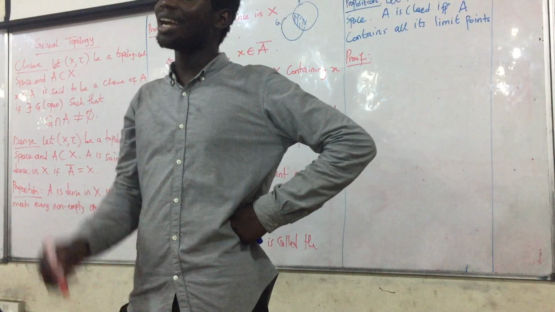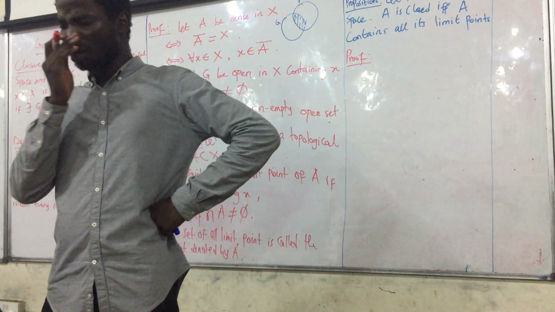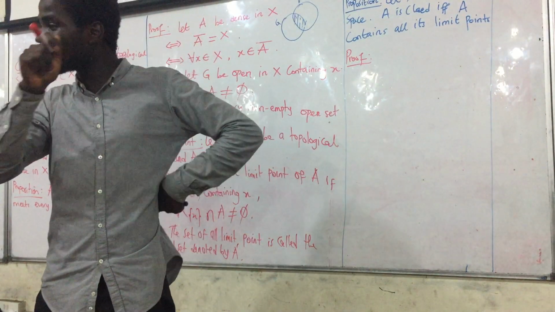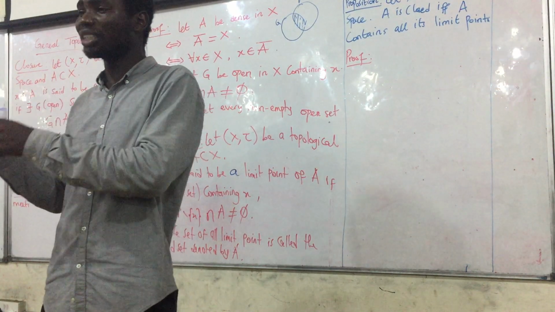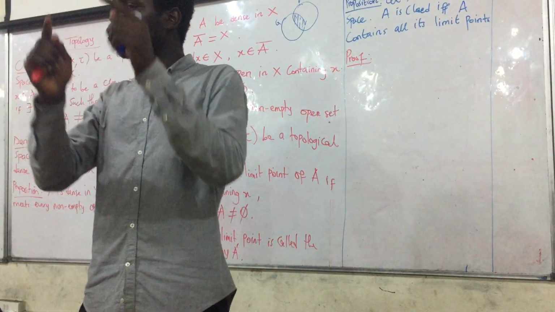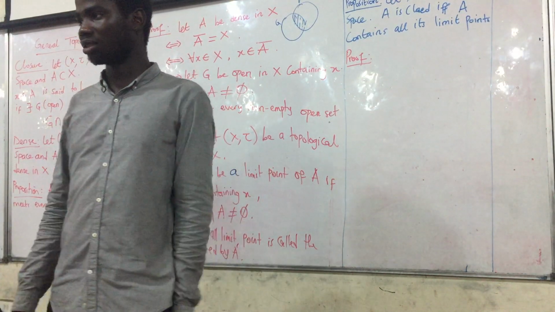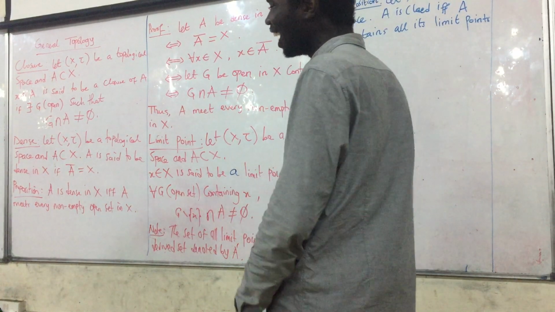Yes. If I say A is closed if and only if A complement is open, then that means that my definition of closed here is that it contains all its limit points. If I say A is closed if and only if it contains all its limit points, that means when I say it's closed, it means that the complement is open. Do you get that?